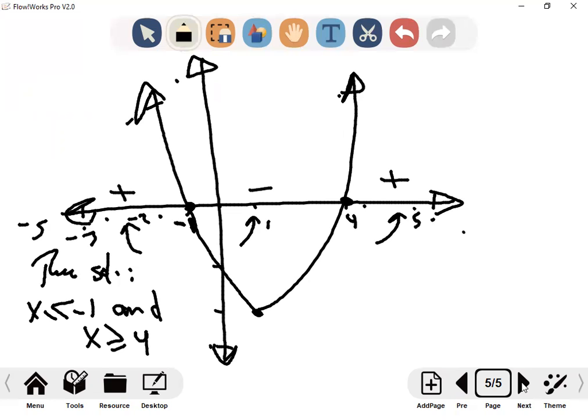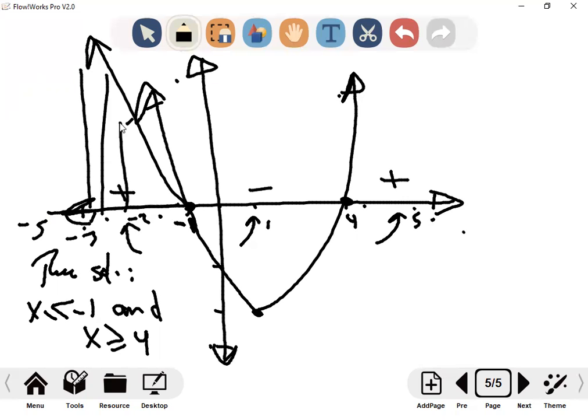This part comes with this part connected, right? Upper, above the x-axis, means positive. But this part here, where is the curve for it? Down. This part gives me negative.